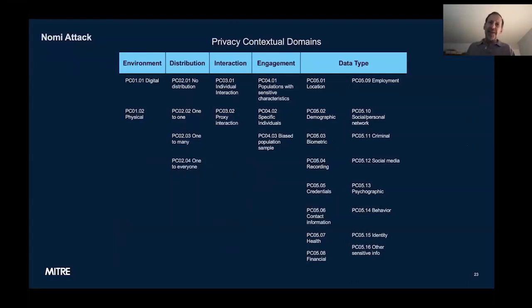All right, so let me go through an actual example so you can get a better sense of how this works. So this attack is based on a company called Nomi. And Nomi aimed to enable brick and mortar retailers to understand the foot traffic within their stores, to track and analyze the movements of their customers.